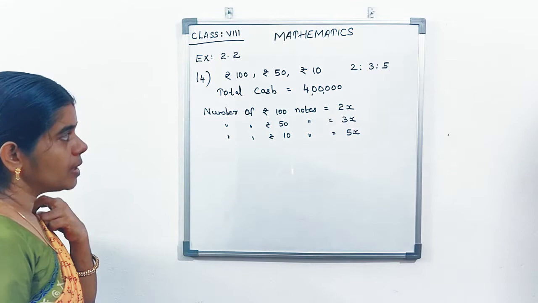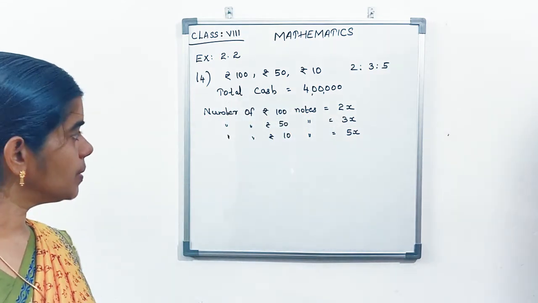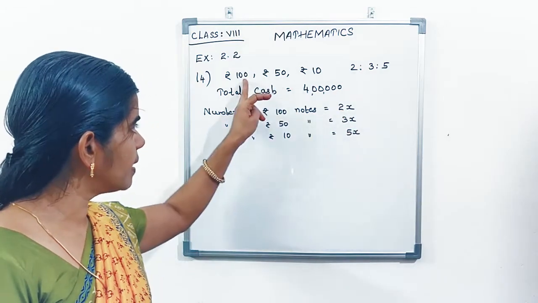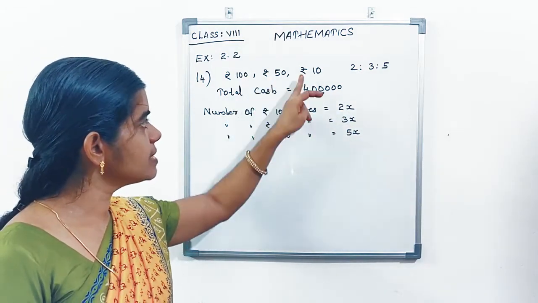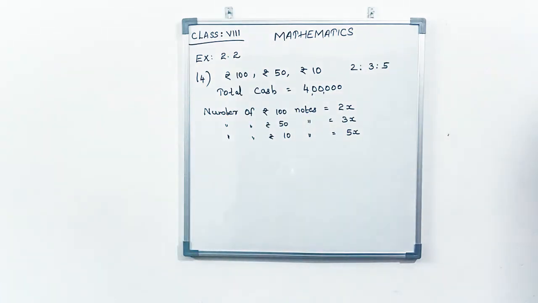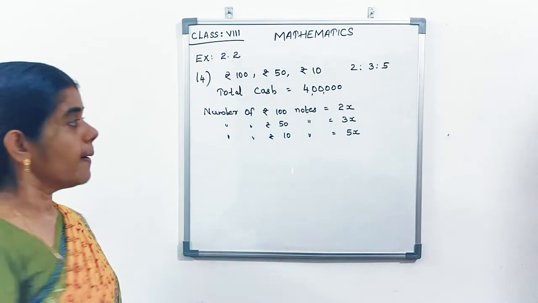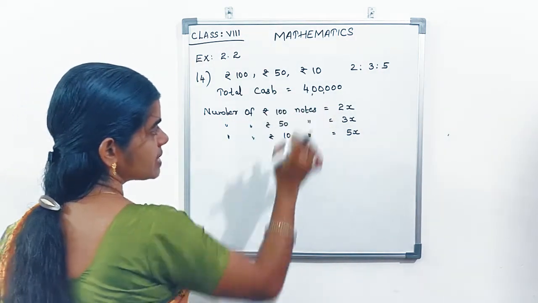Then the total cash given is 4 lakh rupees. You already know there are 2x 100 rupee notes, 3x 50 rupee notes and 5x 10 rupee notes. Now, how many rupees are there? 4 lakh.